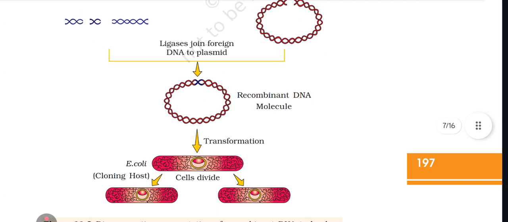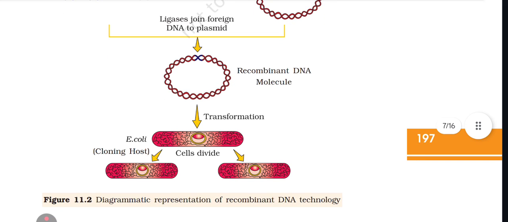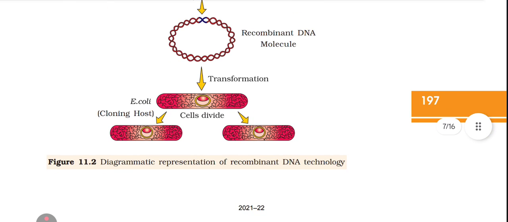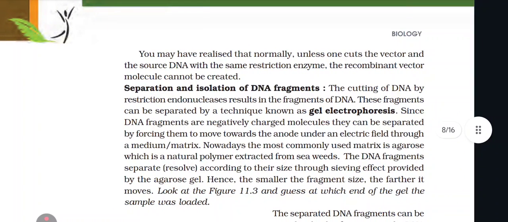Then there is a process called transformation, and the recombinant DNA is introduced into the bacteria or the host organism, and then the host divides and it is passed on to the next generation. So this is a diagrammatic representation of recombinant DNA technology. You may have realized that normally unless one cuts the vector and the source of DNA with the same restriction enzyme, the recombinant vector molecule cannot be created.